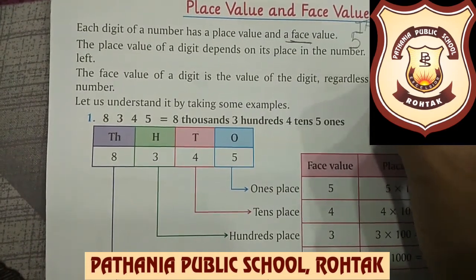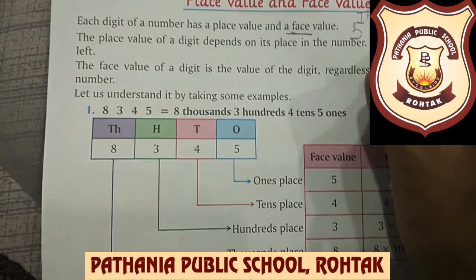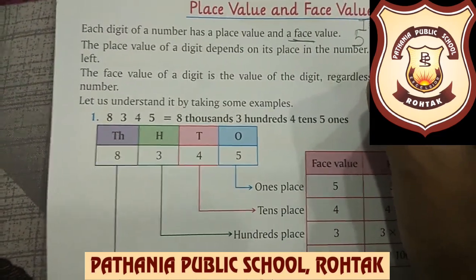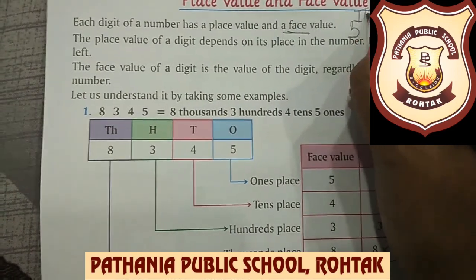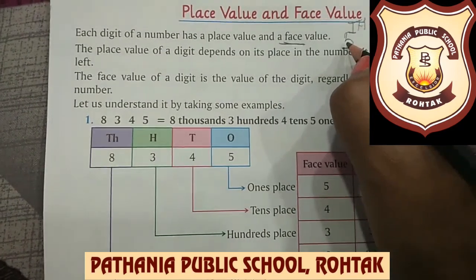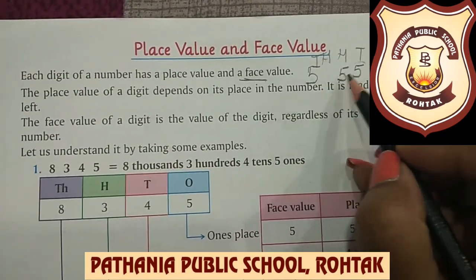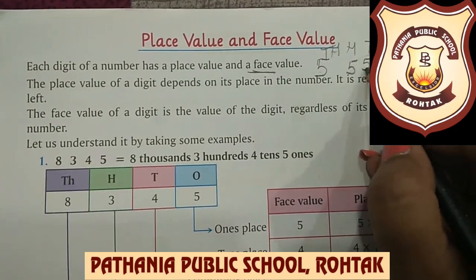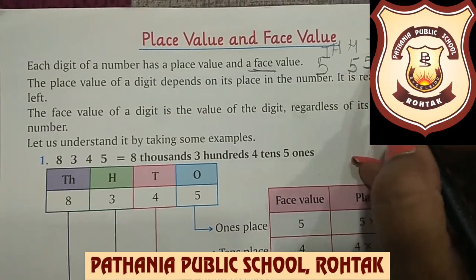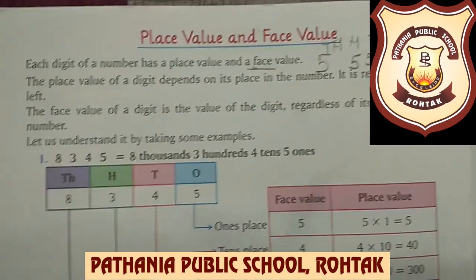Because its face is 5. If I write 5 at hundreds place, then also its face value will be 5 only. And if I write 5 at thousands place, also its face value will be 5 only, because at every place the face of the digit is 5 only. So face value is identified by looking at the face of the number.